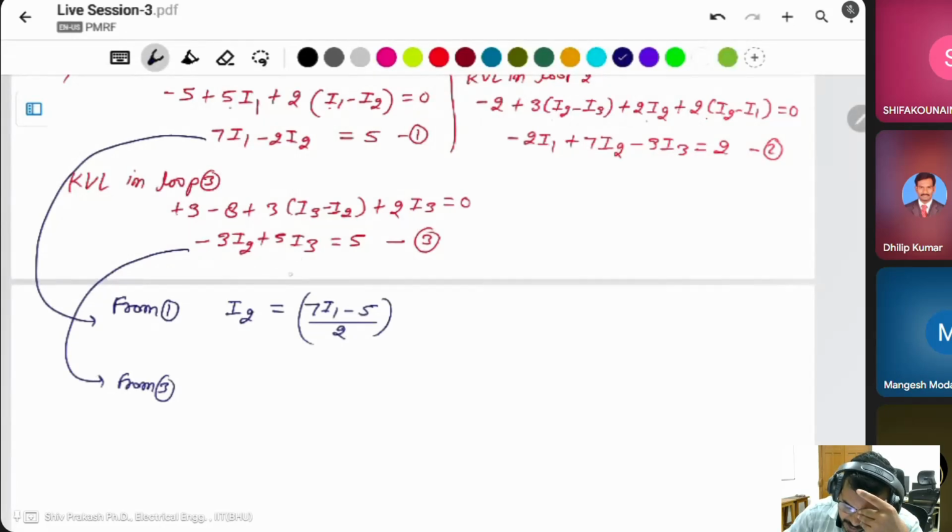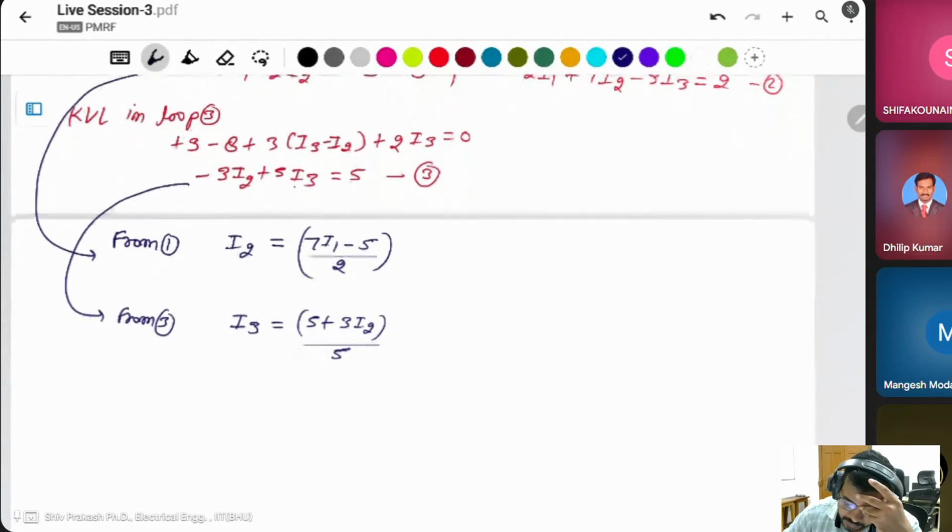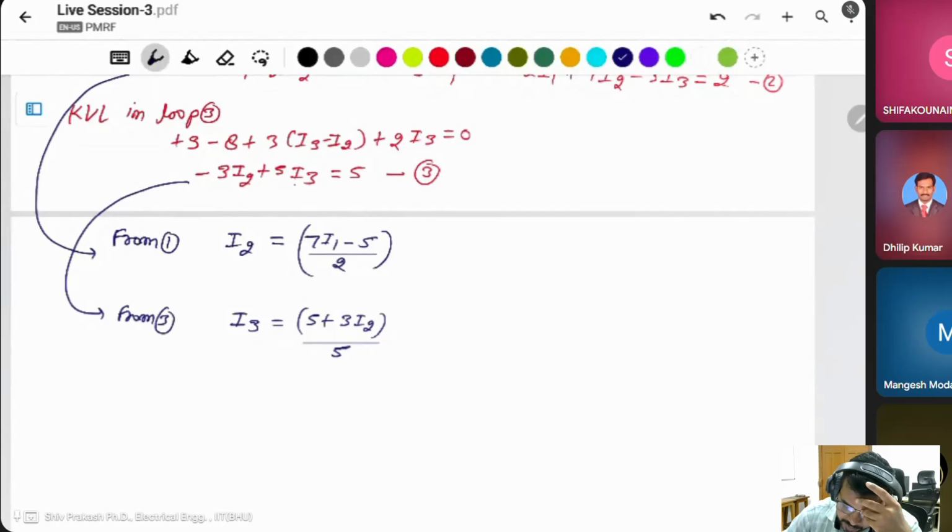From here, find I3 in terms of I2. What is I3? I3 is equal to 5 plus 3 I2 divided by 5. Put this I2 value here.